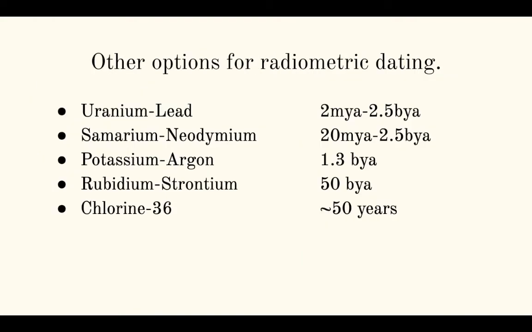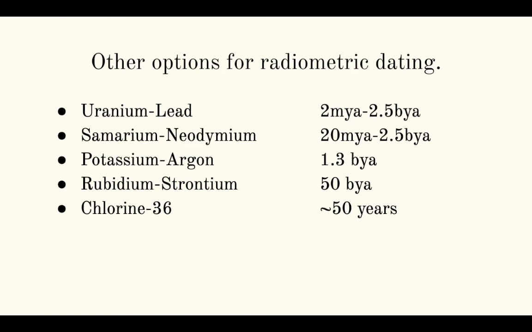So carbon is not the only element with unstable isotopes, and the usefulness of these various elements with their isotopes depends on their half-lives. So uranium will deteriorate into lead, but it will only help us to date things that are between 2 million and 2.5 billion years old.